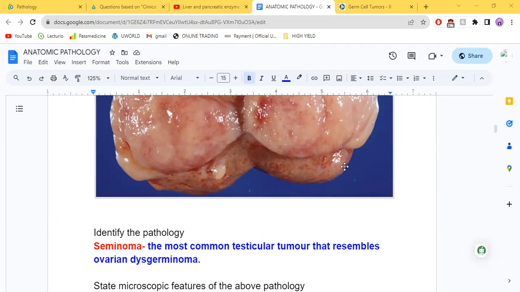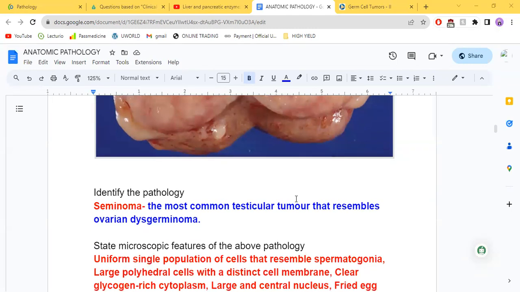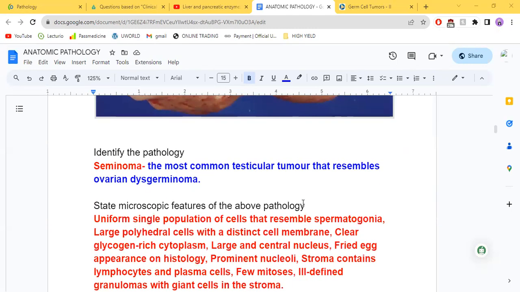Okay, so you'll expect to see the fried egg appearance first. Also, for the seminoma, you usually have a uniform single population of cells that resemble spermatogonia. You have large polyhedral cells with a distinct cell membrane, clear glycogen-rich cytoplasm with a large central nucleus.